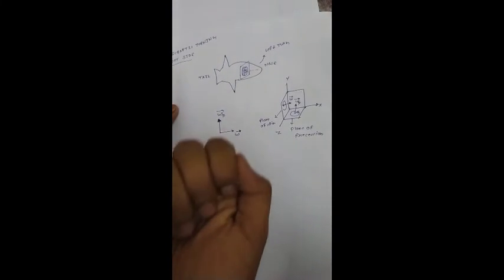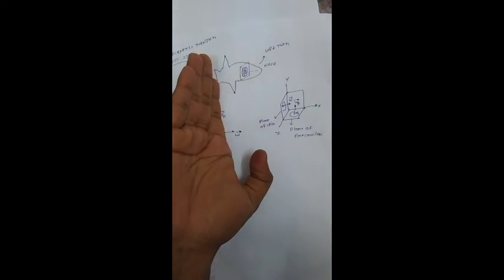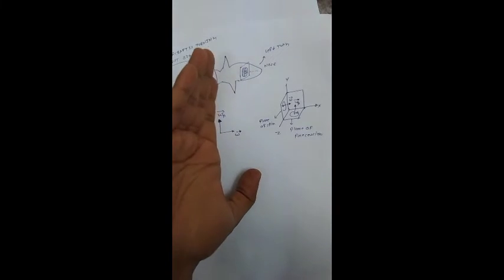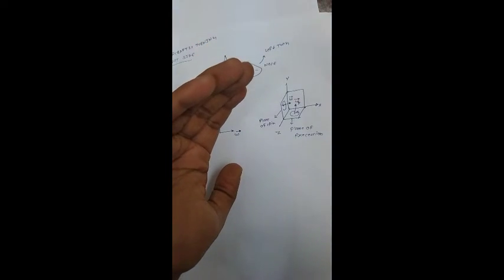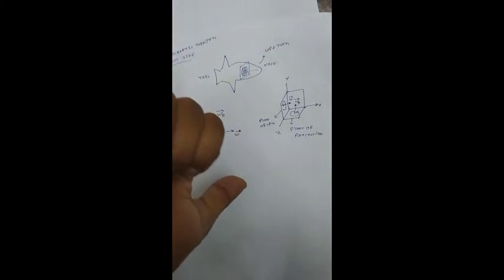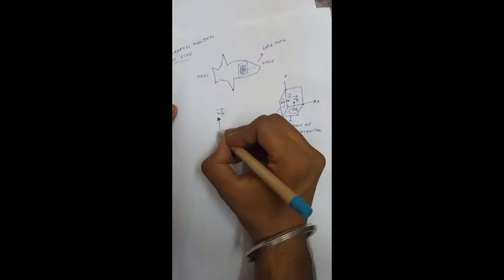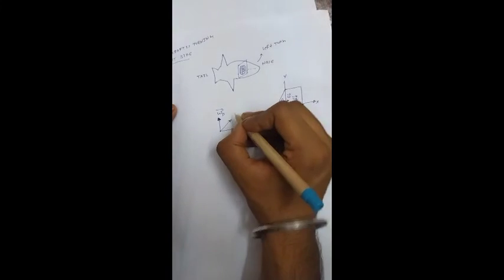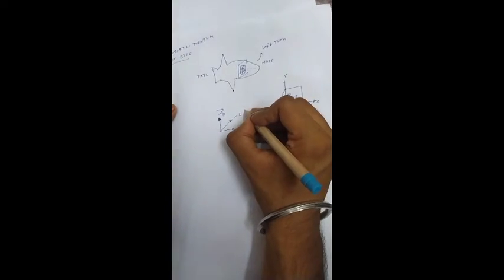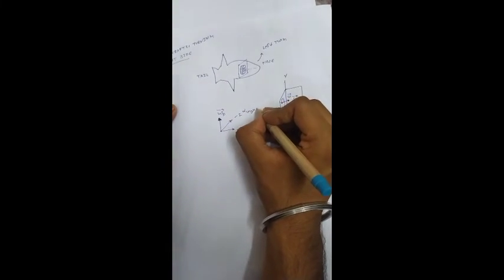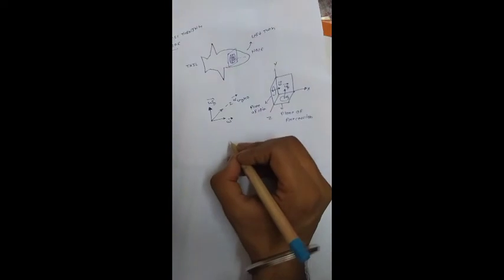Now apply the simple trick that I discussed earlier: align your fingers into the direction of omega p and curl towards the omega vector. Now the thumb goes inside the plane of paper, that is, into the negative z direction. This is the direction of alpha gyroscopic.